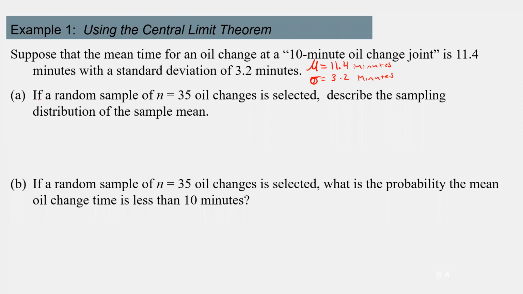So here's what we're doing. If a random sample of 35 oil changes is selected, so we're going to randomly sample 35 people who got an oil change, and basically what we're going to ask them is, hey, how long did your oil change take? So we're going to sample 35 oil changes.